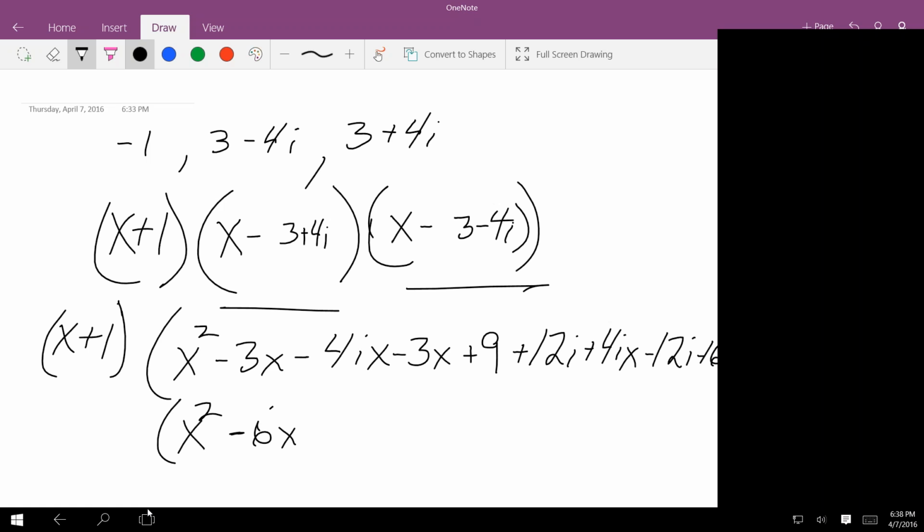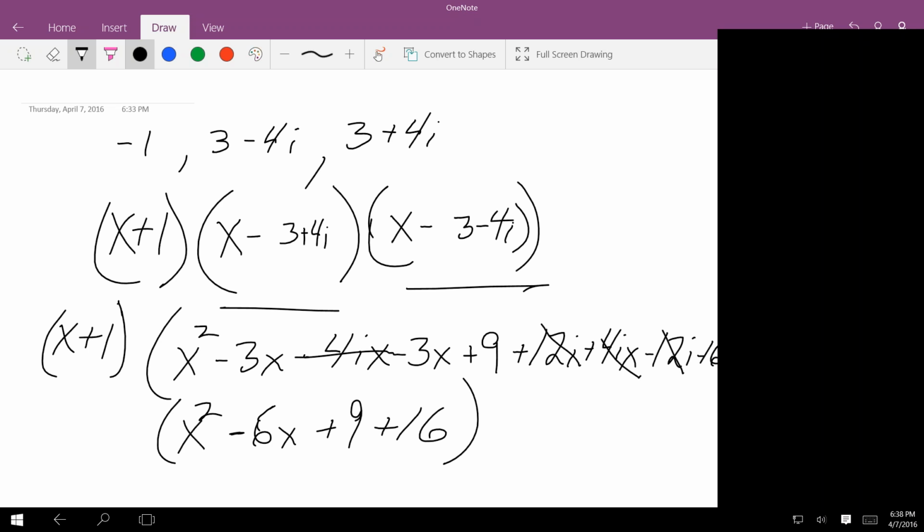Now we have a minus 4ix and a plus 4ix, so I can cross those out. I have a plus 12i and a minus 12i. I can cross those out. So I have plus 9. And then what's i squared equal to? Negative 1. So what's minus 16i squared equal to? Positive 16.